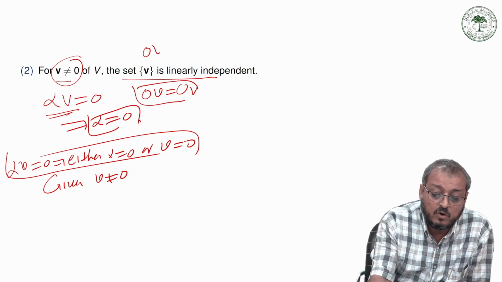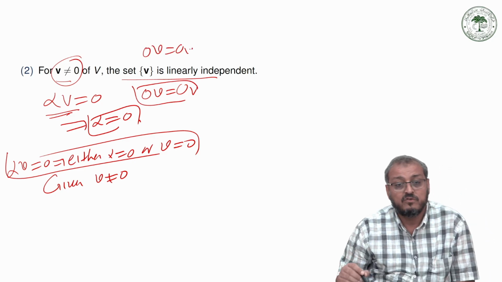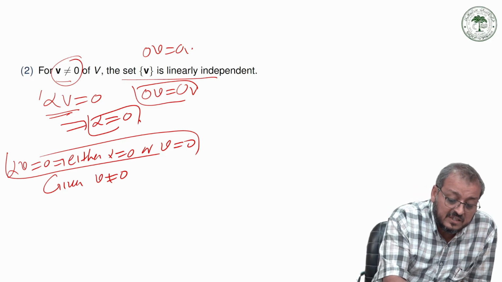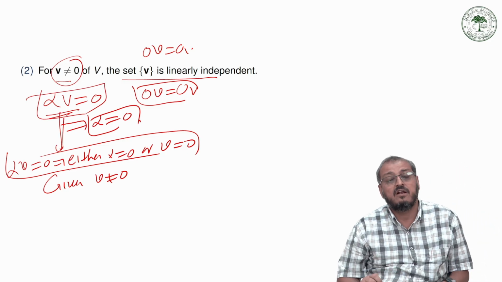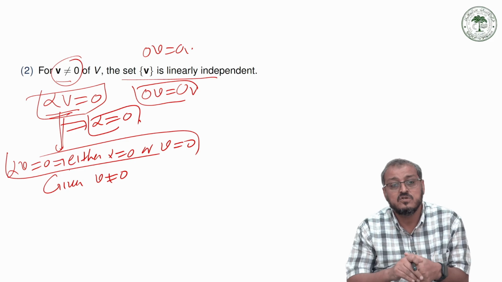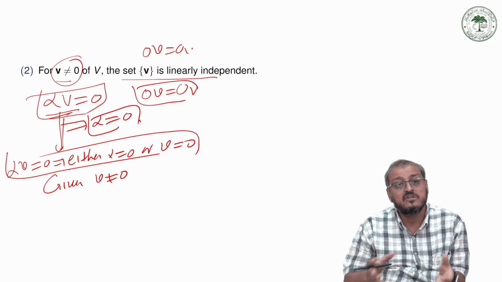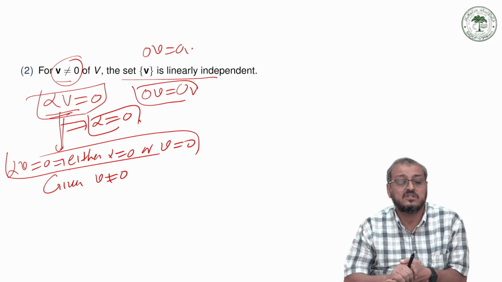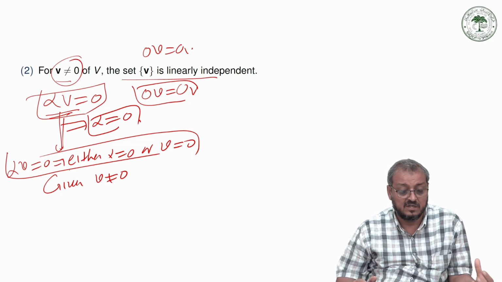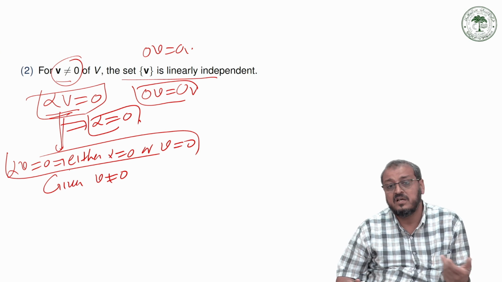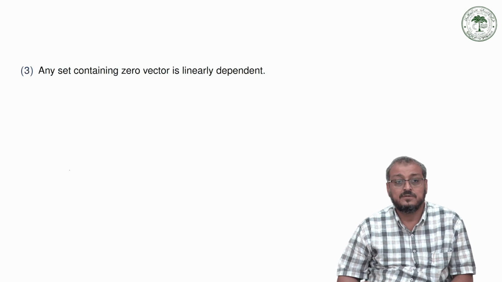Since alpha V equal to 0 means either V is 0 or alpha is 0, and V is not equal to 0 is given, alpha is equal to 0. So if V is not equal to 0, the set containing V is a linearly independent set.